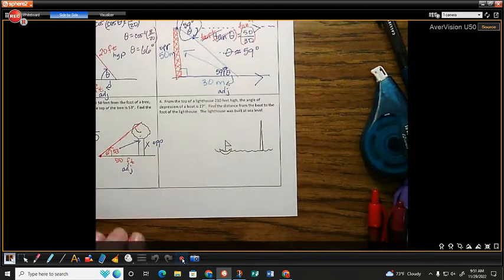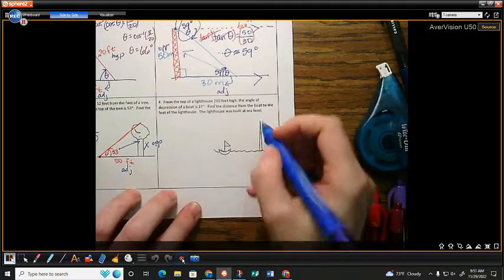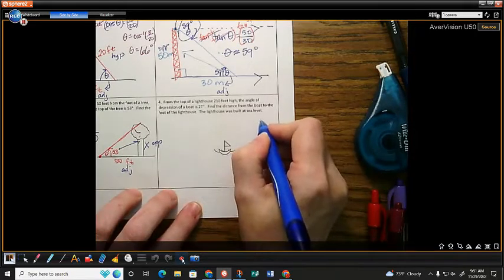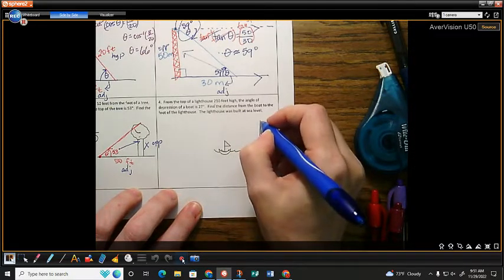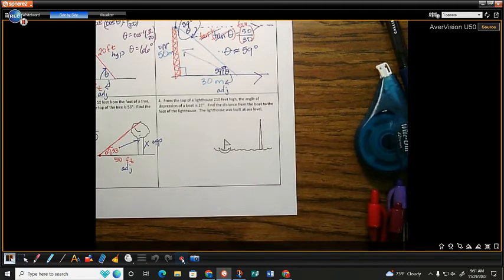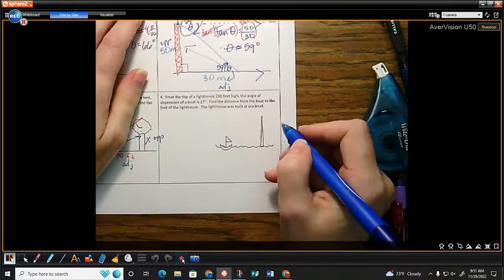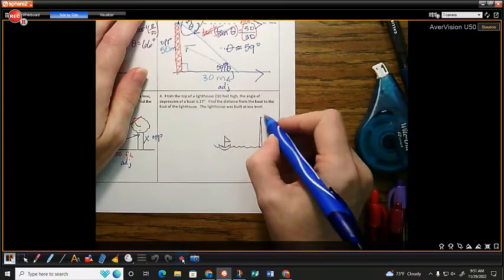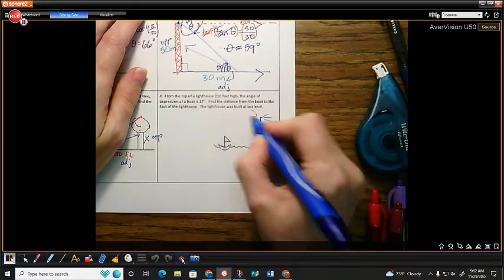Okay, number 4. Draw your pretty picture. We got our lighthouse here, shining its pretty light. It's shining its lights everywhere.